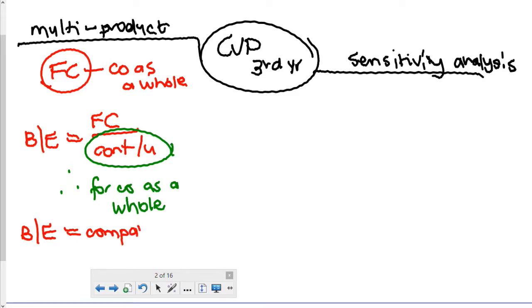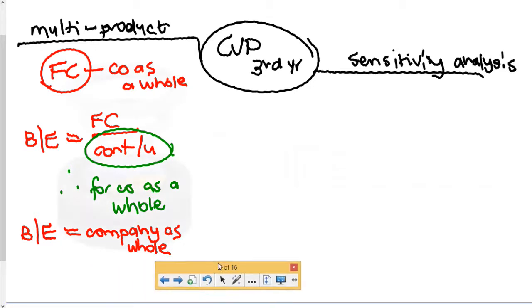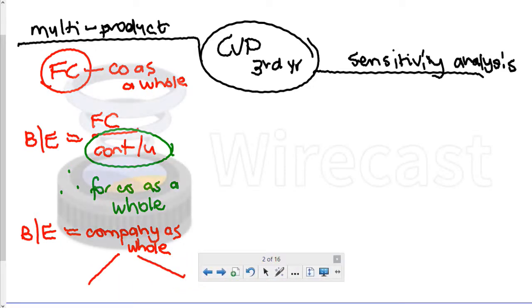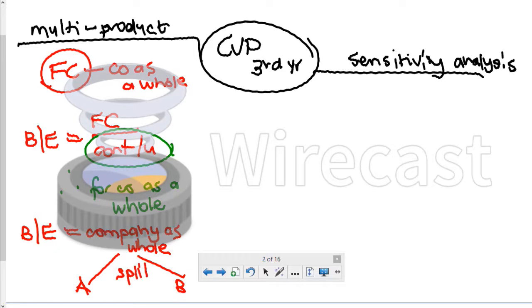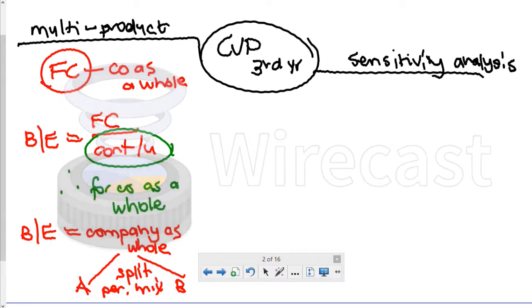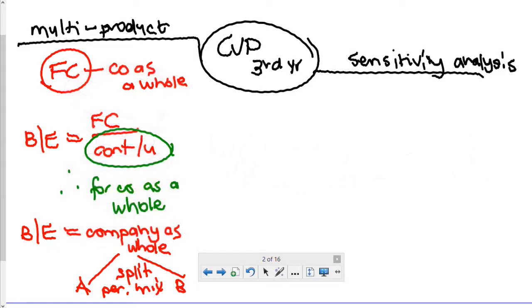And then you need to take that company-as-a-whole number and split it between the two products, product A and product B, according to the mix that's given in the question. And one of the assumptions of multi-product break-even is that the sales mix will stay the same. Whatever sales mix you've budgeted, 70, 30, 20, 80, whatever it is, it's going to stay the same, right?